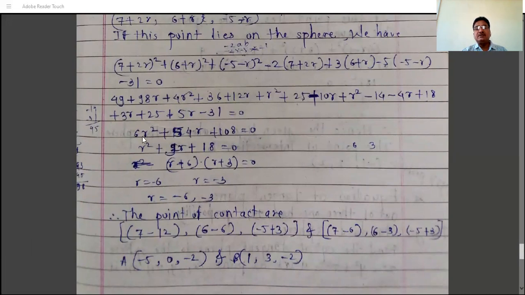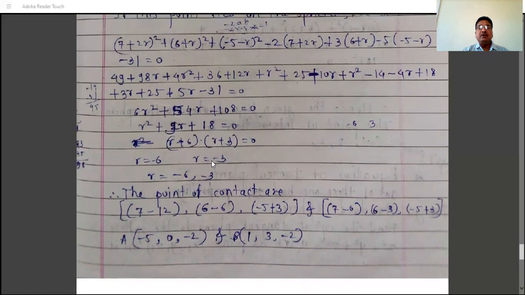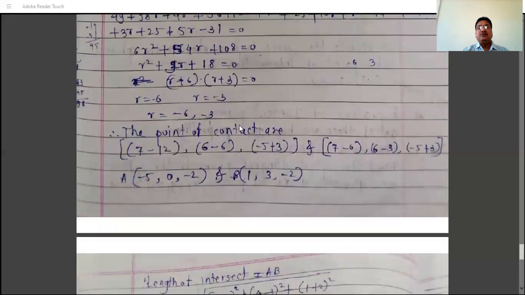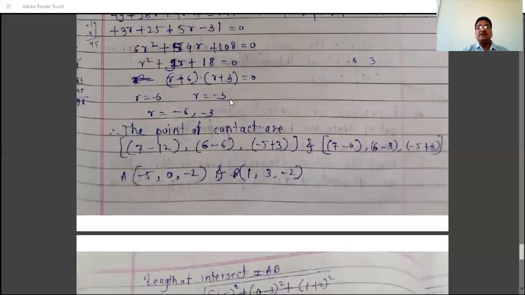Then dividing by 6 throughout: 6r square divided by 6 is r square, 54r divided by 6 is 9r, and 108 divided by 6 is 18, equal to 0. And then factorize this: (r plus 6)(r plus 3), because the addition of 6 and 3 is 9 and the multiplication of 6 and 3 is 18. So we have r is minus 6, r is minus 3.